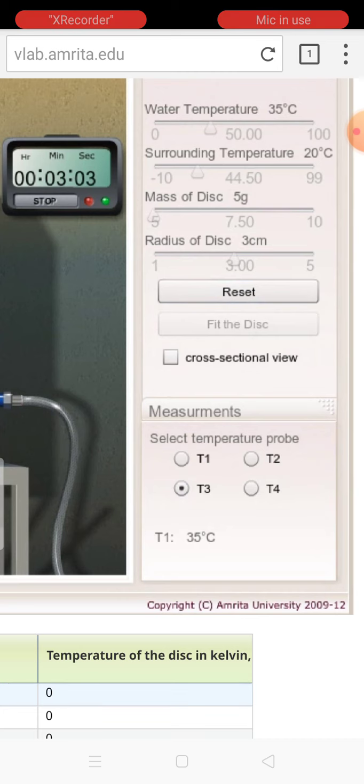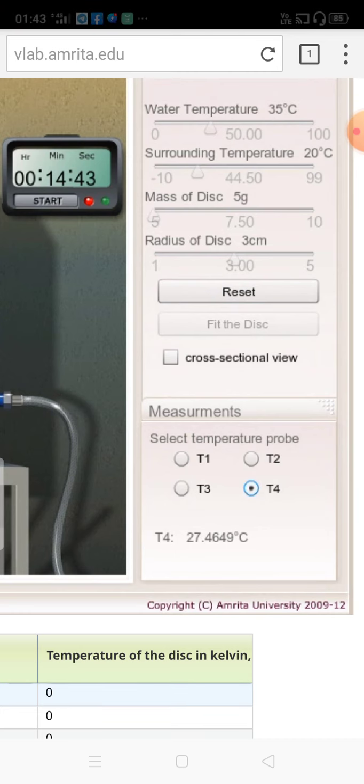The value is changing. Then stop. Then what is T2? 35. What is T1? 35. What is T3? 35. What is T4? So these values are coming.